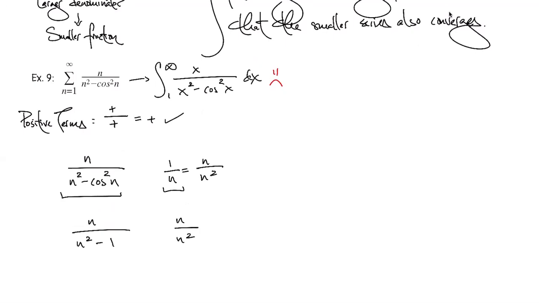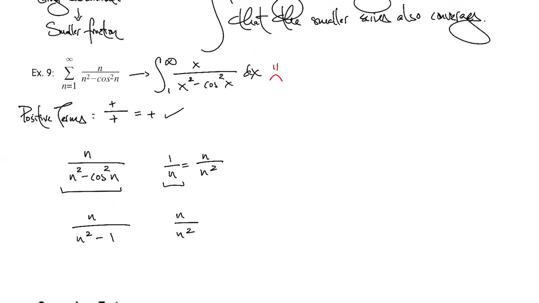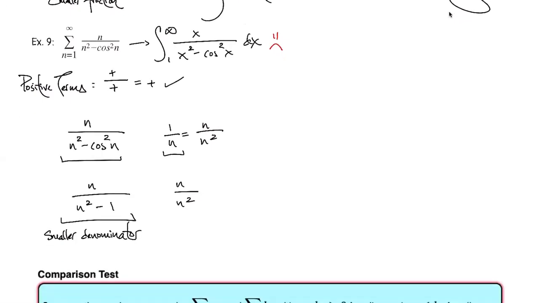Which one of those is bigger and why? She's right. Yeah, that left one is bigger because this has a smaller denominator, not by much, but enough to know that it's a smaller denominator, which means that our original one is actually larger than the one we came up with, 1 over n.